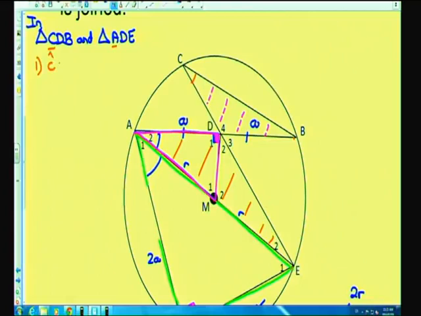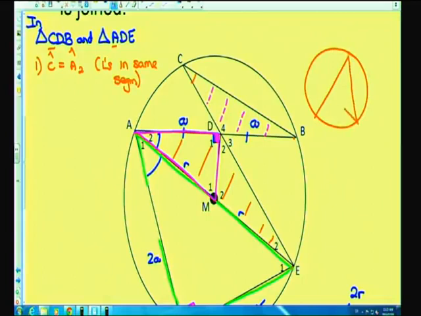So I can say C is equal to A2, angles in the same segment. Okay, this is a grade 11 theorem. If you've forgotten it, I'll just quickly put it over here. Looks like this, and basically it says that angle equals that angle.